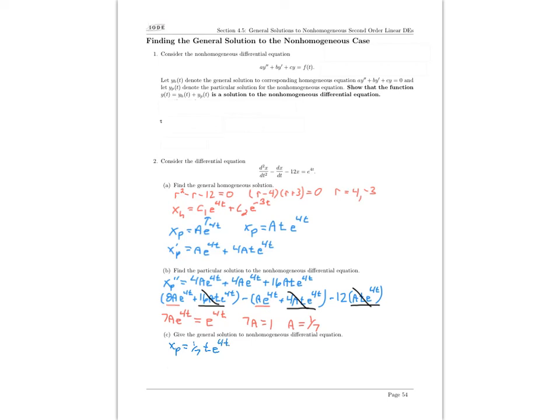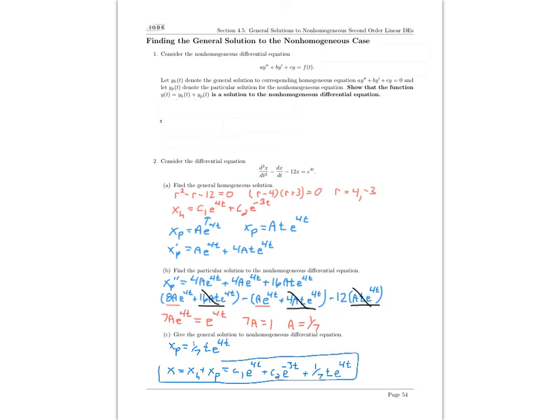And to put all of this together, our general solution we can write as the homogeneous piece plus the particular piece. So for the homogeneous piece, we had C1 e to the 4t plus C2 e to the minus 3t. And now we can add on to that the particular solution, which was 1/7 t e to the 4t.